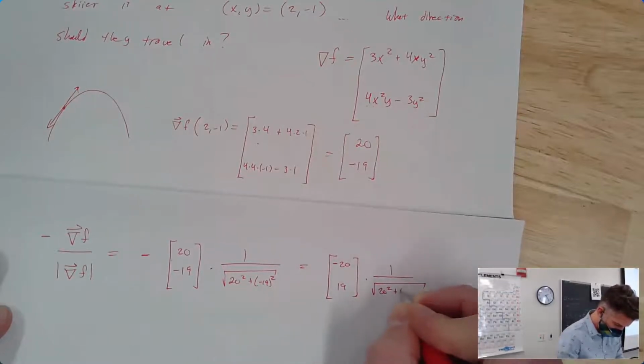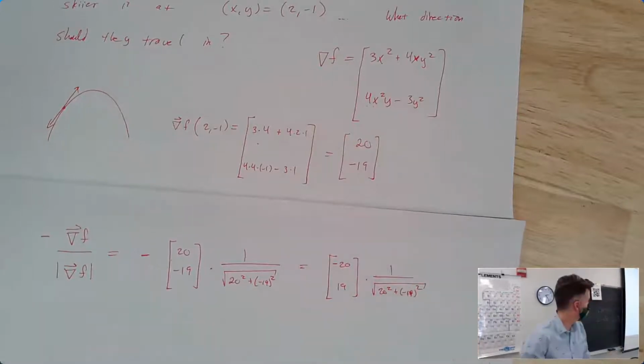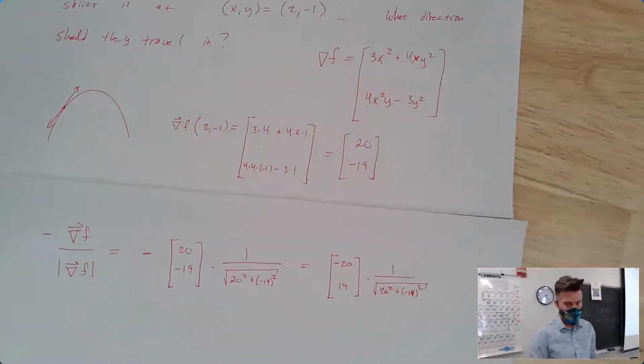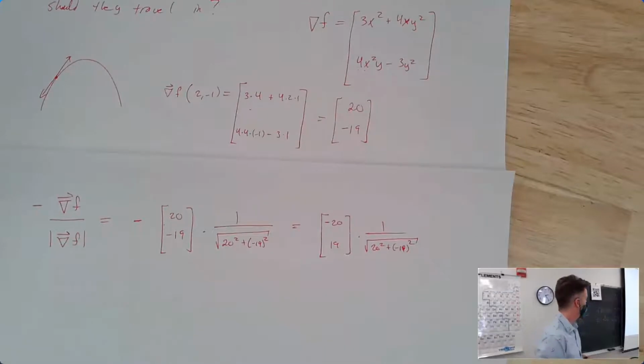I don't think there's anything really to be gained by multiplying those out. You can, it's not particularly necessary though. So that's the direction that's going to get you down the slope as fast as possible, at least at that point.